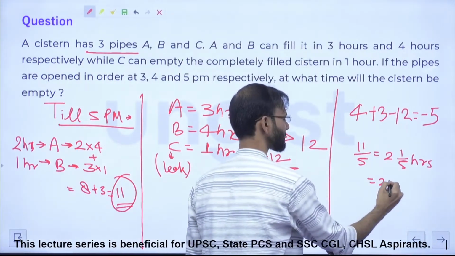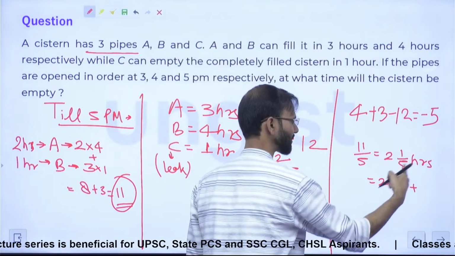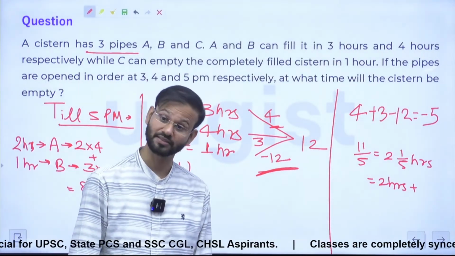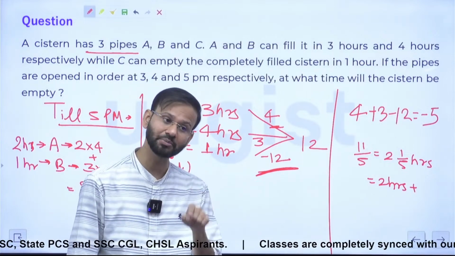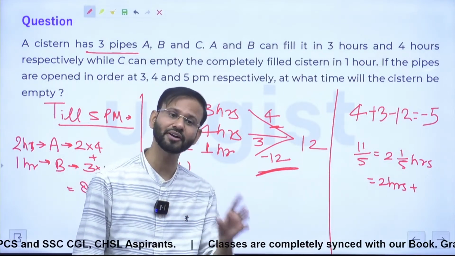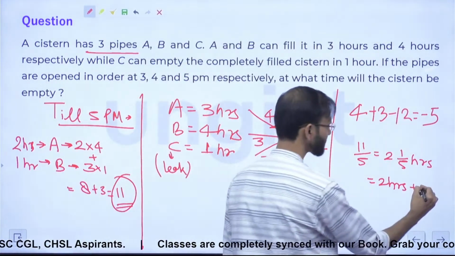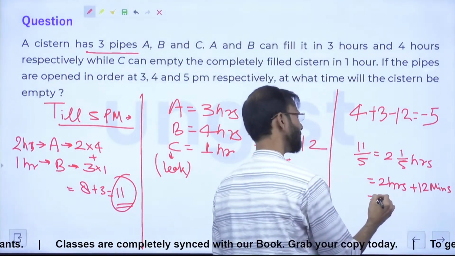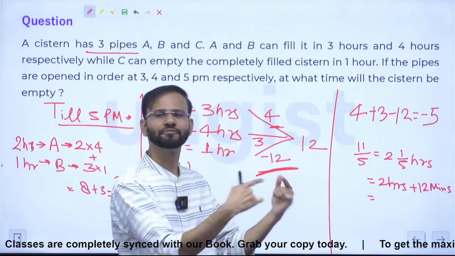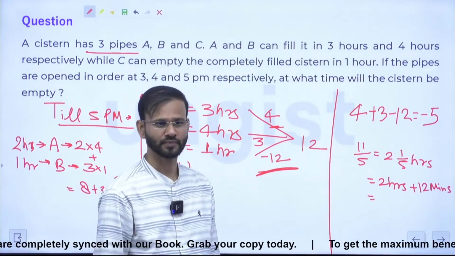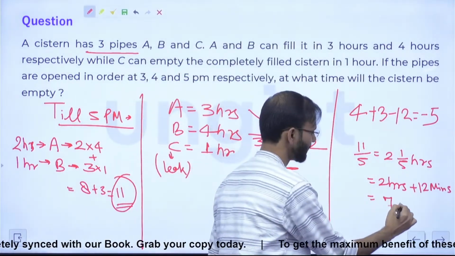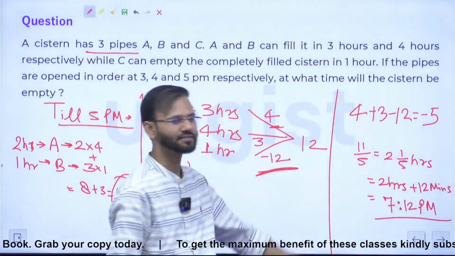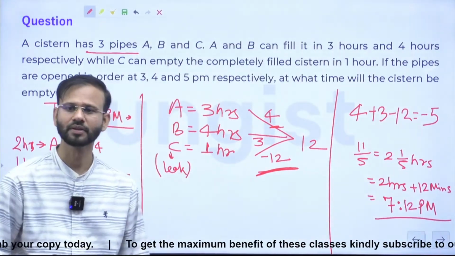So 2 hours, what does 1/5 hour mean? How many minutes? 12 minutes, guys. 1 hour is 60 minutes, not 100 minutes. 60 into 1/5. So 2 hours and 12 minutes more after 5 PM, right? So this is 7:12 PM. This is the answer, guys.